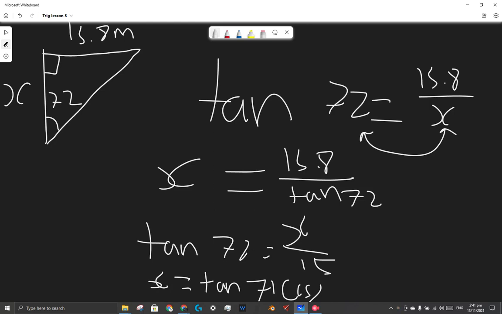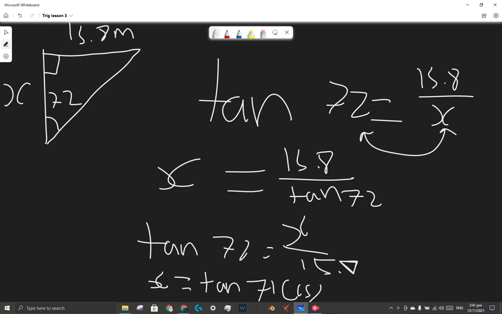So if the whole number is in the denominator and x is in the numerator, then you multiply. If it was the reciprocal, 15.8 over x, then you divide.